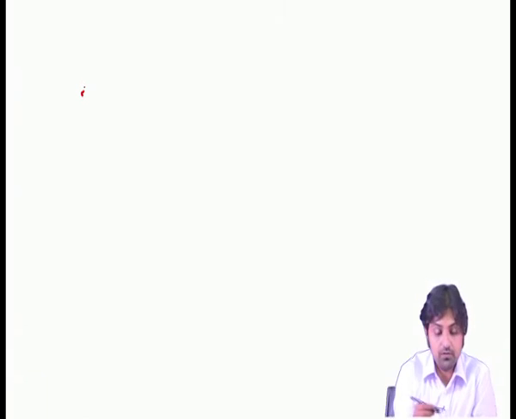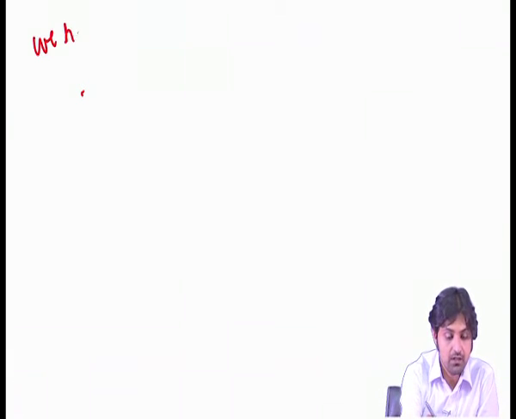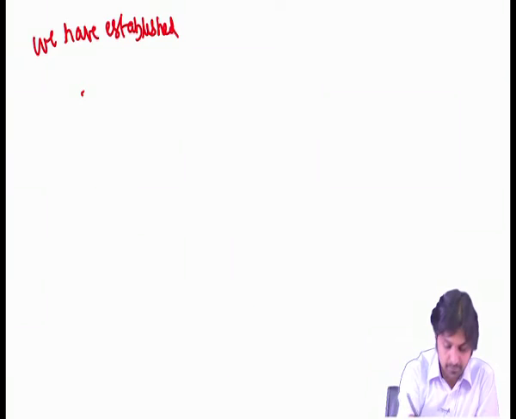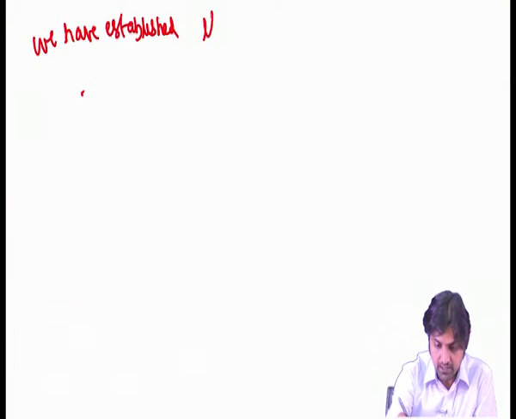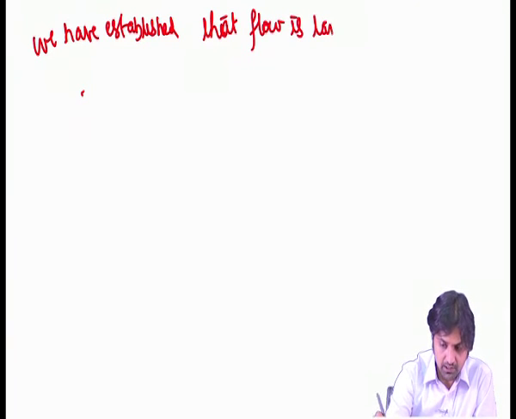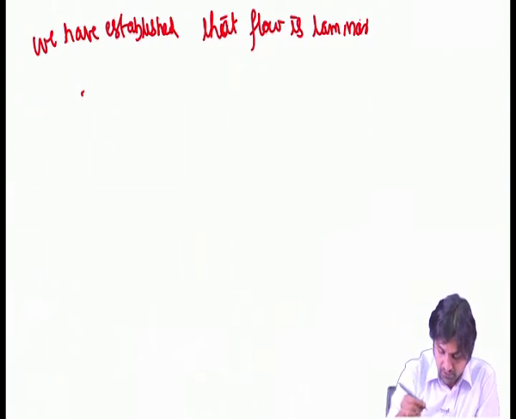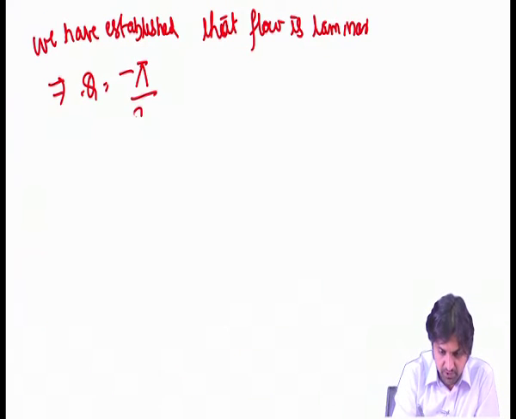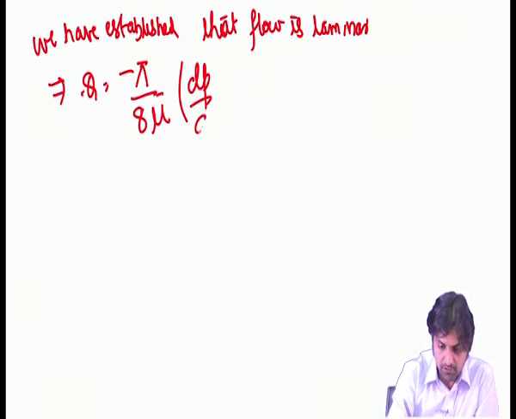So, we have established that the flow is laminar. Therefore, Q is going to be the formula that we have derived, minus pi divided by 8 mu dp dx into r to the power 4.